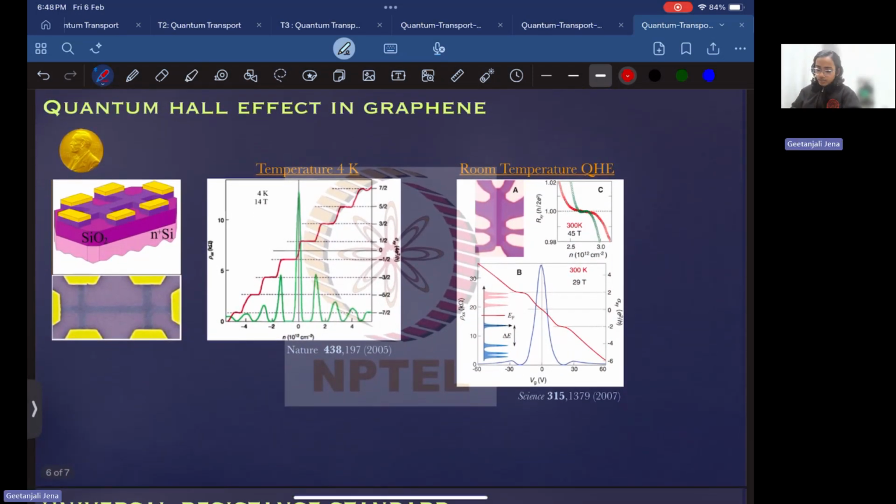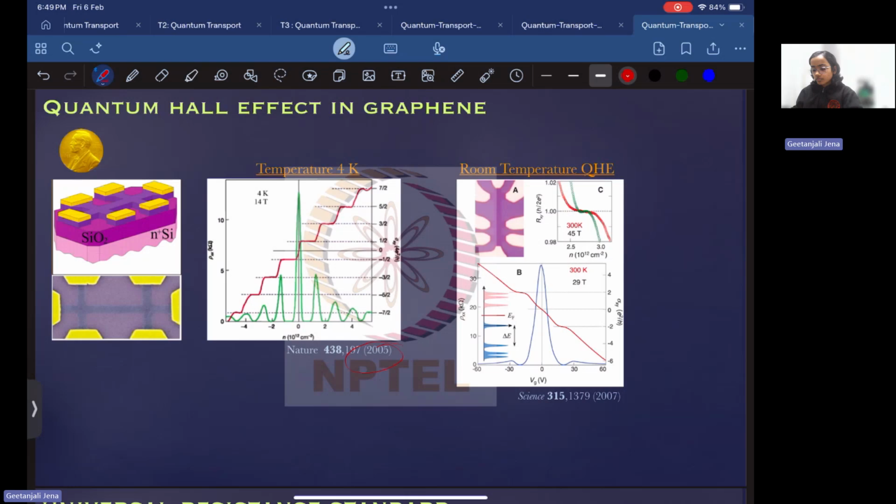In addition to that, what happened in the year 2005 is that initially we saw the quantum Hall effect only in a medium where we apply a strong magnetic field, and also there should be a low temperature.